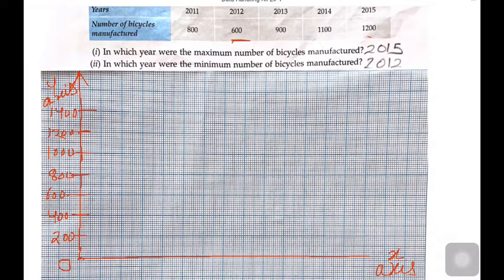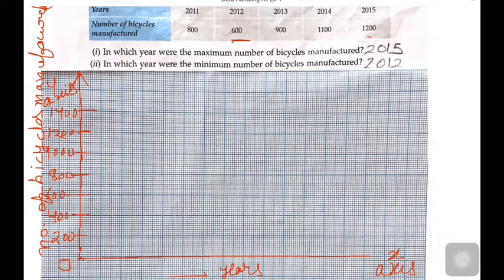And on this side I am taking the number of bicycles manufactured. Fine. Now on the horizontal axis I'll be taking years. So it will be years.